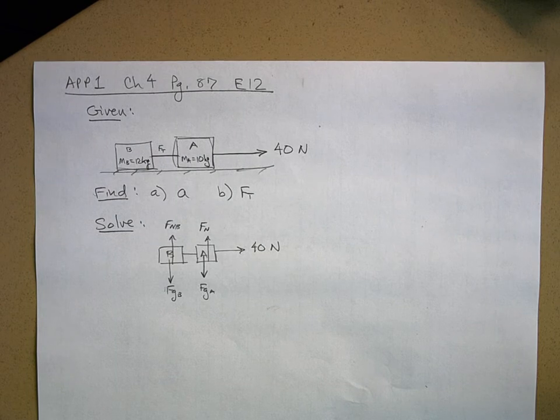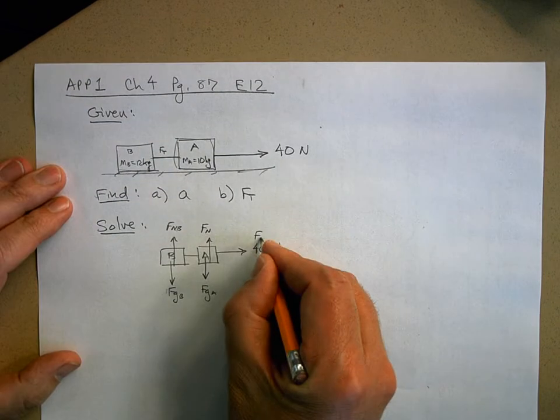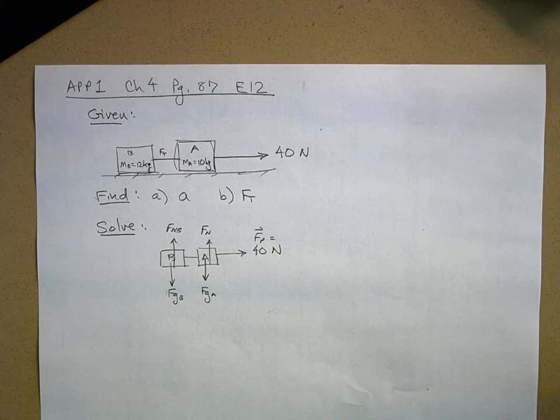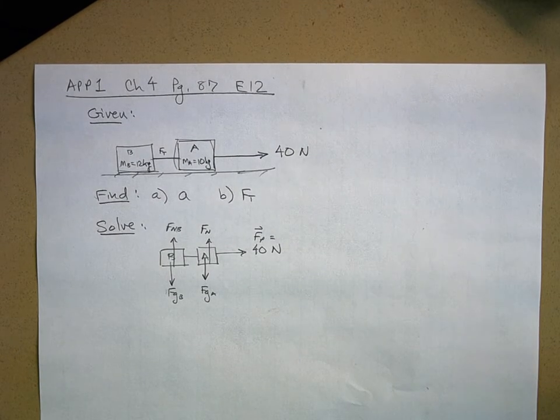They called this F sub P for pulling force. I usually call it F sub A for applied force or whatever. That's okay. I've just drawn the free body diagram, and that is step 2. I have finished with step 2.